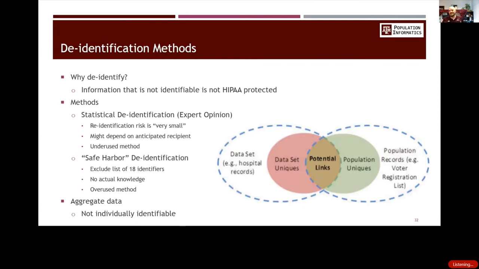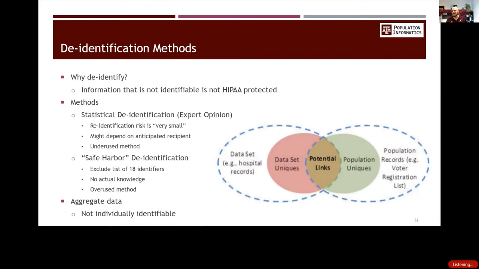So we have these de-identification standards as a way to make these data more useful outside of the law. And there are two legal ways to do this under HIPAA that have been expressly defined.